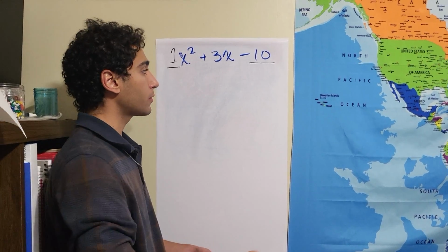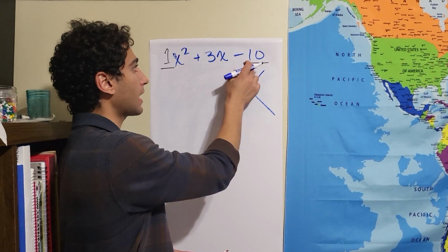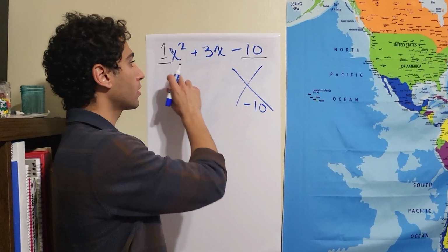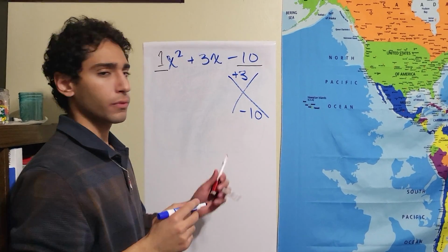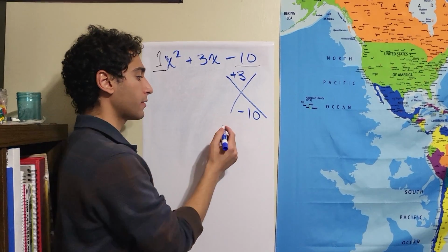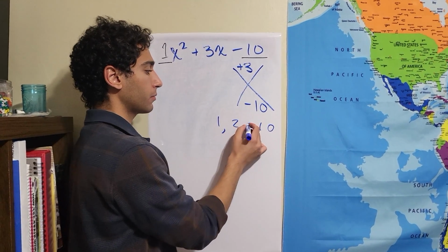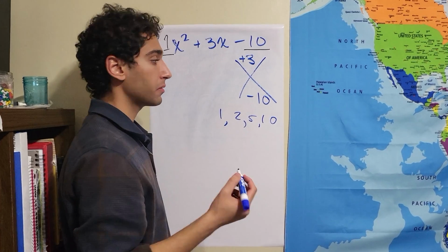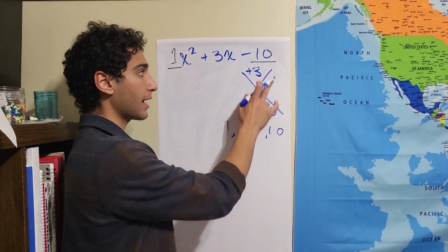So now we want to find what multiplies to 1 times negative 10 and adds to get positive 3. Thinking of all the factors of 10, we have 1 and 10. We have 2 and 5. That's it. We want to make sure that it multiplies to get 10 and adds to get 3.